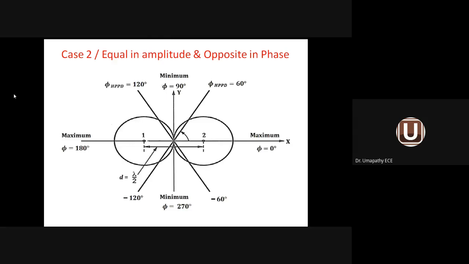There we got maxima at 90 and 270 degree. But here we are getting maxima at 0 and 180 degree, minima at 90 and 270. But there is no change in half power points: 60 and minus 60, 120 and minus 120. So this one is the radiation pattern we are getting for case number 2.